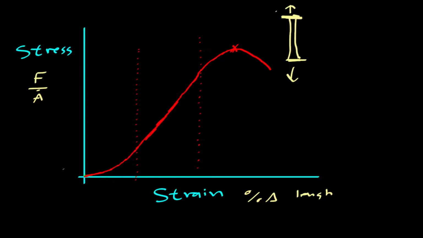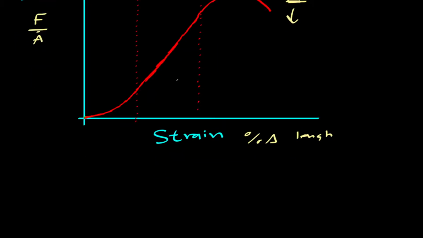For now, though, I want to take a look at this toe region and try to understand why tendon has this and, for example, bone does not. So let's think about the structure of tendon. When it's relaxed, you have these nice wavy collagen fibers like this.